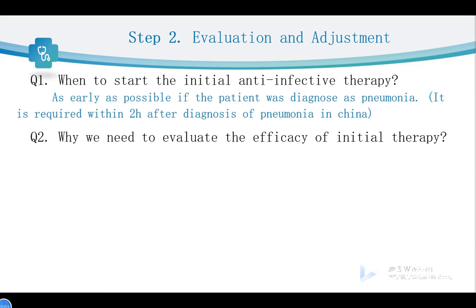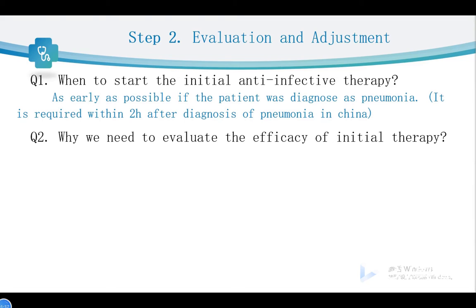If we do not initiate anti-infective therapy as early as possible, the infection is likely to become more and more severe and finally cause infective shock. So, we need to start this therapy as early as possible, and it is required within 2 hours after diagnosis of pneumonia in China.